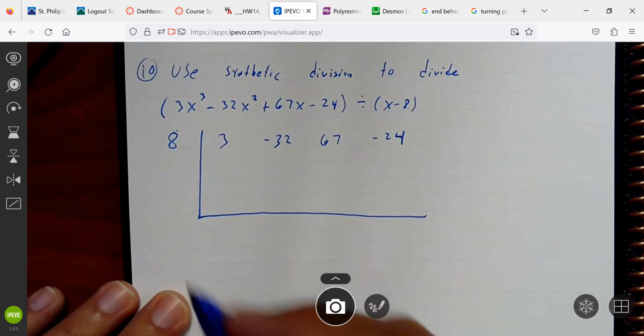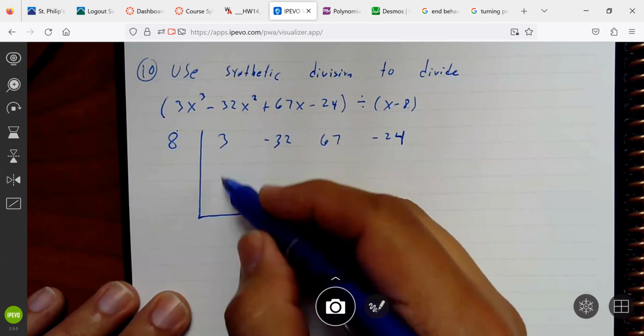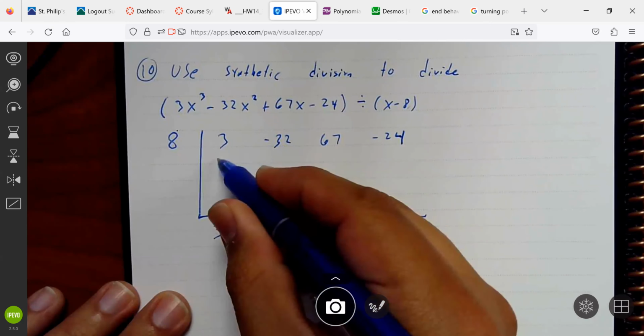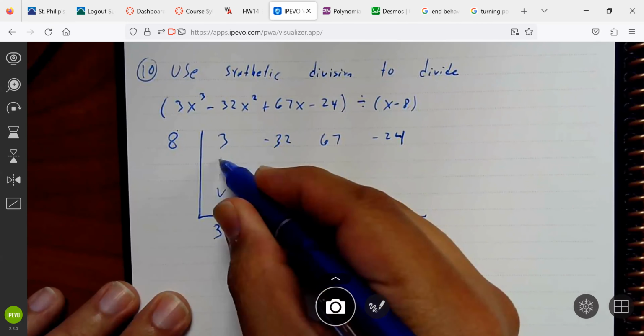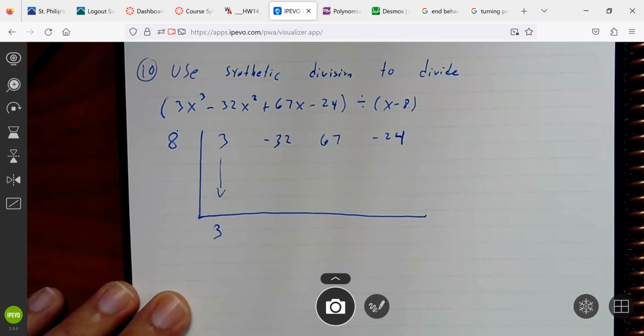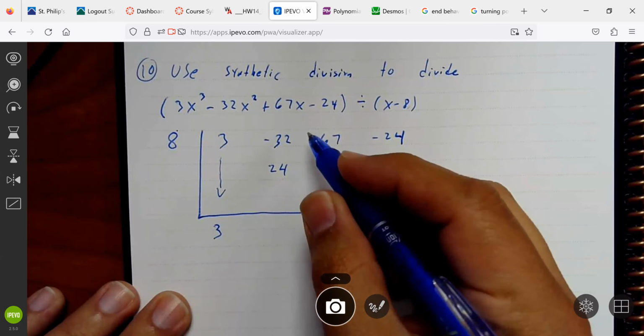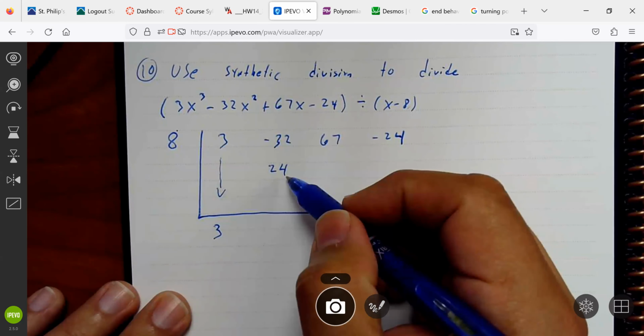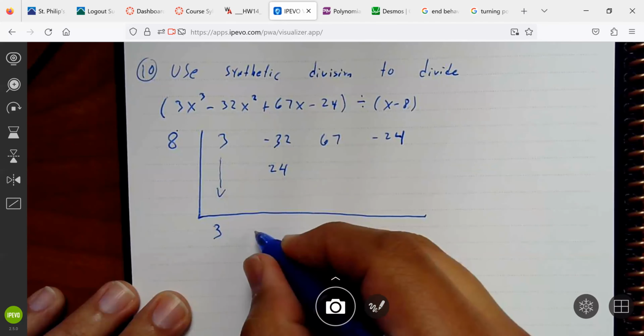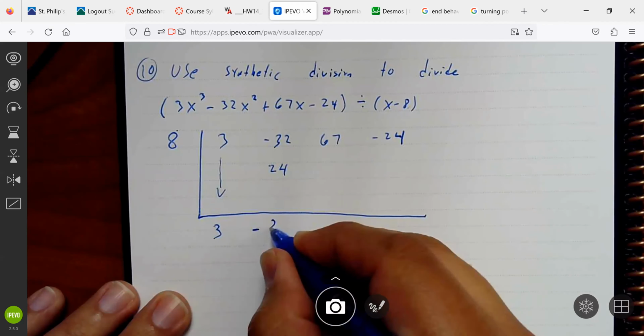Okay, so this is how it begins. This is the pattern. Bring down the 3. That always happens. Then you begin. 8 times 3 is 24. Negative 32 plus 24 is negative 8.